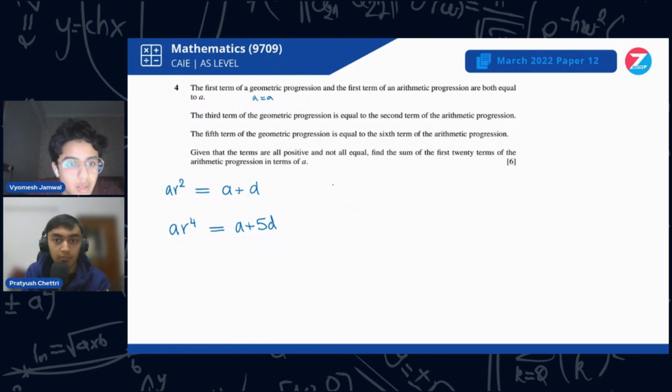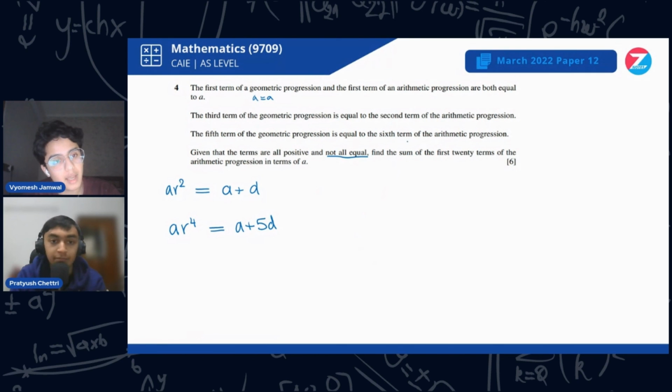That's a pretty tough question, to be honest. Not all equal means for the geometric progression, the ratio is not 1, and also the common difference isn't 0.